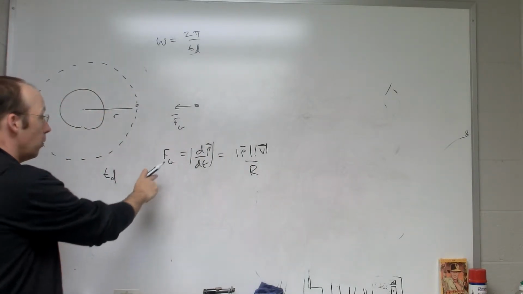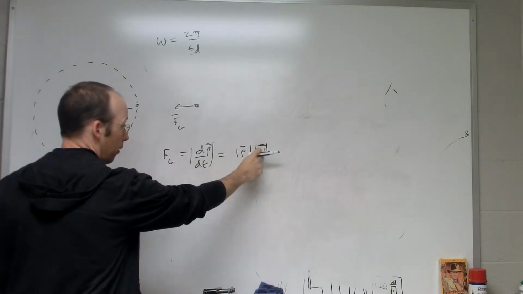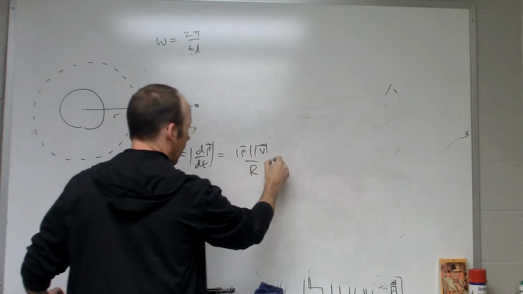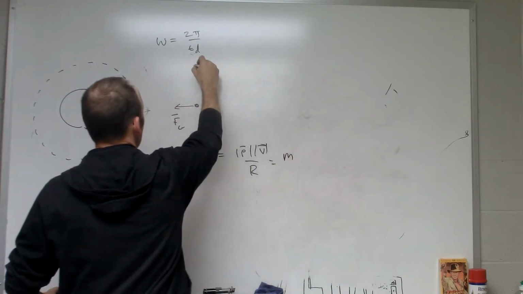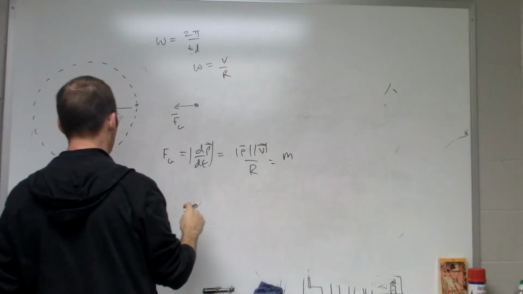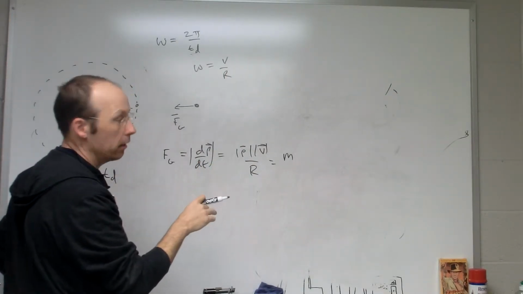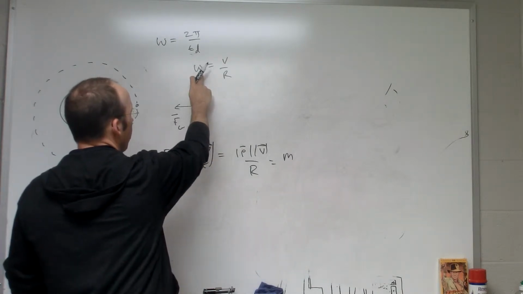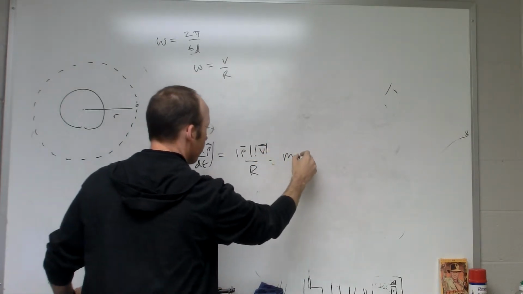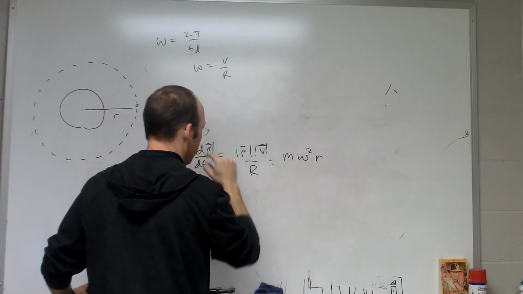So this is just going to be mass times velocity squared over r, or I could write that as mass times omega squared r, since omega equals v over r. So v is omega times r. I am switching to little r.